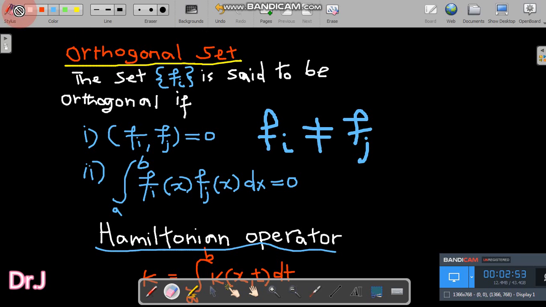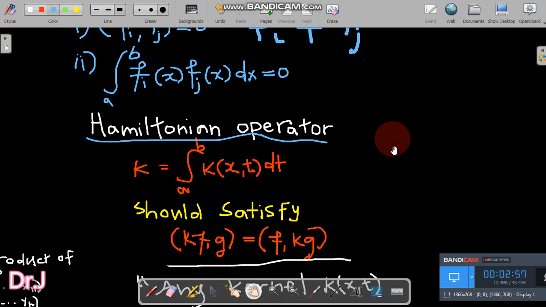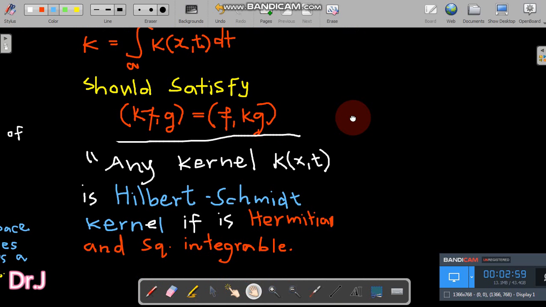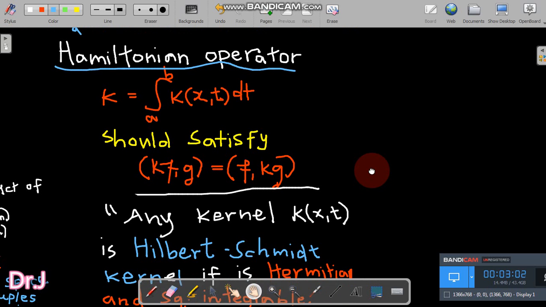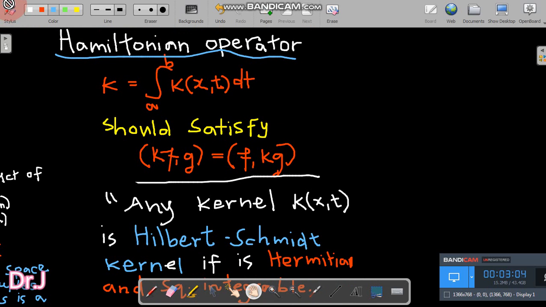Now coming to the second definition, the Hamiltonian operator. What is a Hamiltonian operator?